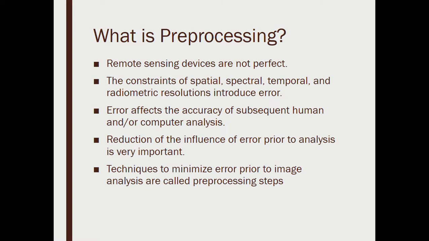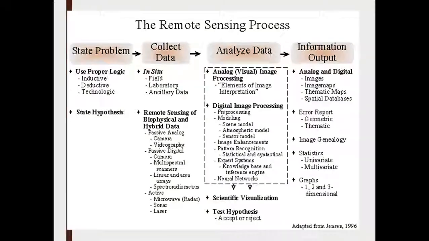And there are techniques to minimize it. It's not that we eliminate the error. The error is still there, but we try to minimize it as low as possible. Minimizing error prior to image analysis is what we call the pre-processing steps.